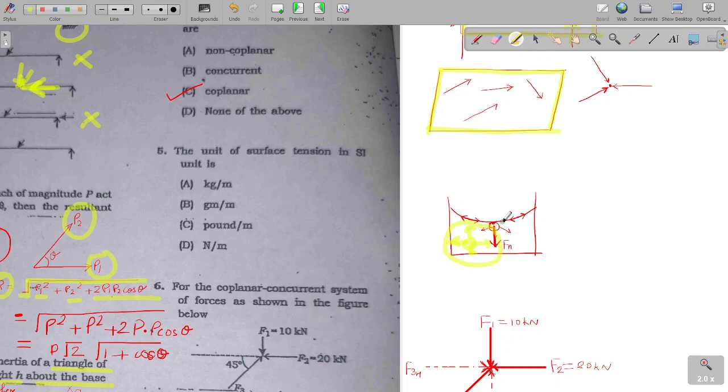But the water molecules that are nearer to the surface or at the surface are subjected to cohesive forces from the water molecules from below, but there is air above it. So these air molecules apply adhesive forces, but these are very small in magnitude as compared to the cohesive forces. So these water molecules at the surface are subjected to a net downward force because of cohesion.